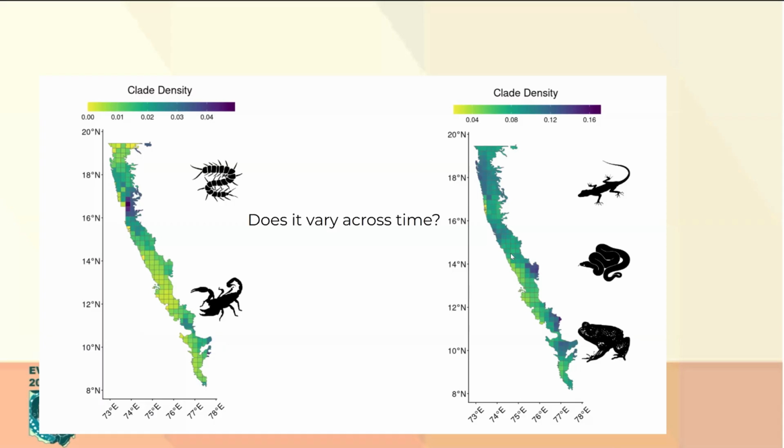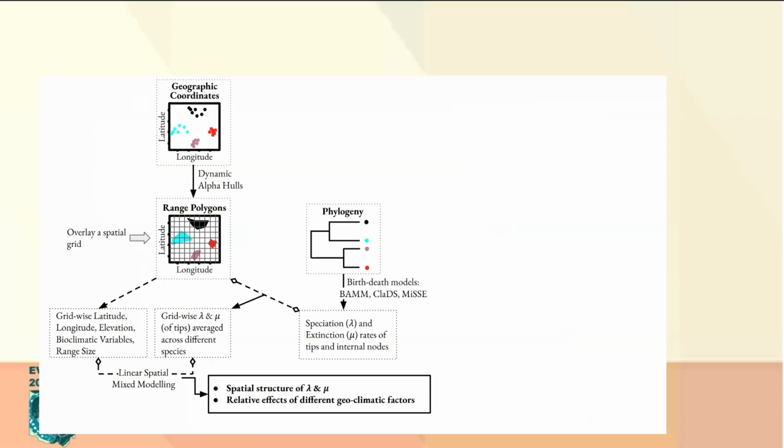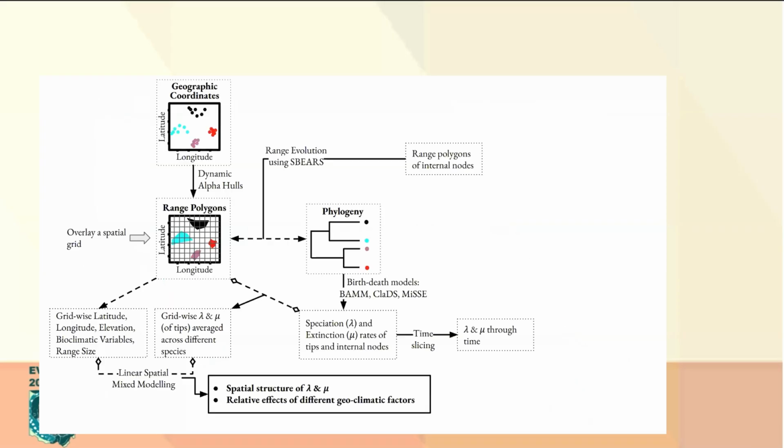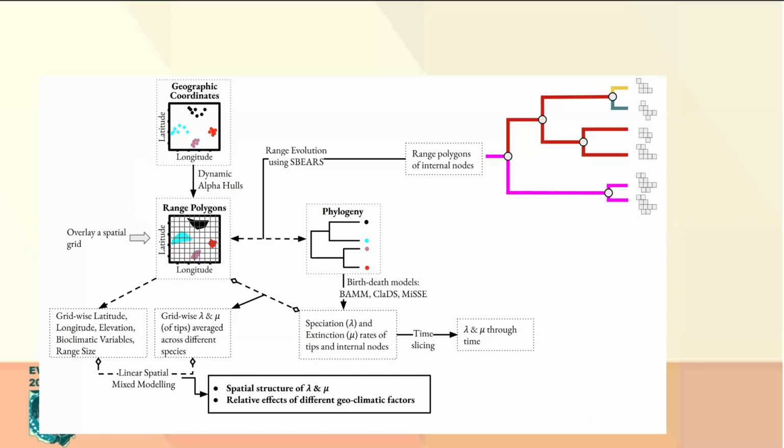And then the question that comes to mind is, does this vary across time? So I performed range evolution using this newly developed method called SBS, where, given a phylogenetic tree and the range polygons, I can find out in which grid cells each of these ancestors occurred, with what probabilities.